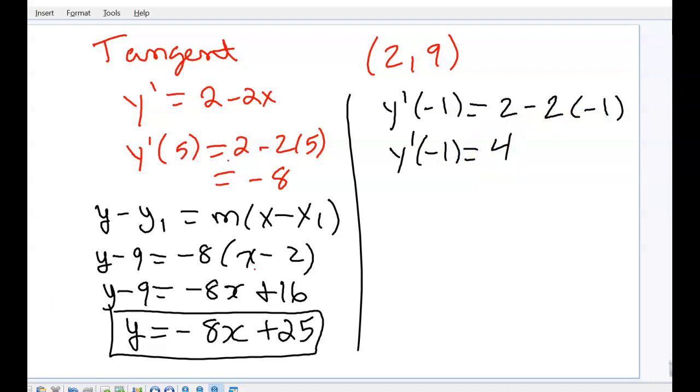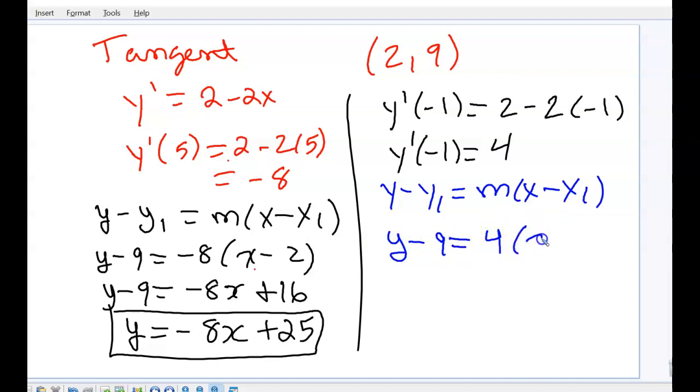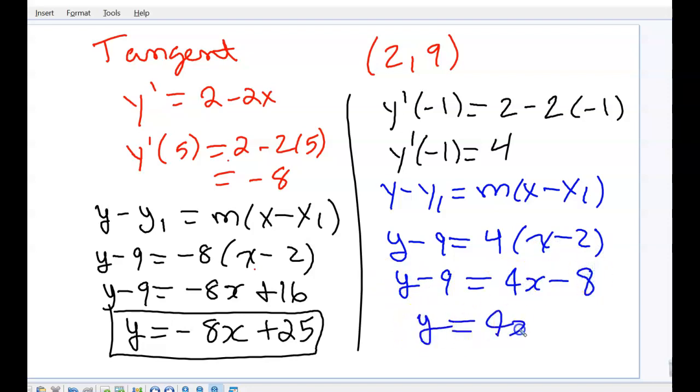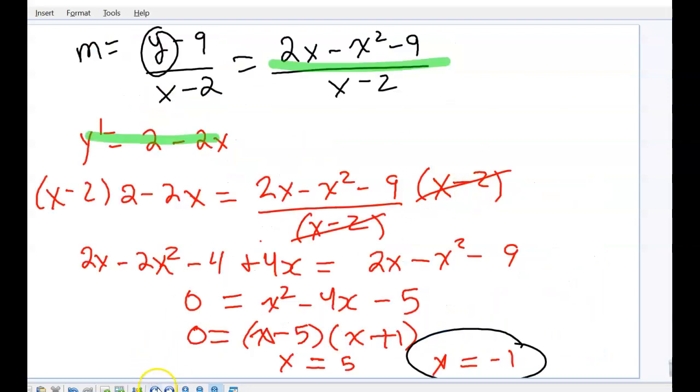So again, I'm going to use the point-slope formula. It's going to be y minus 9 equals 4 times (x minus 2). So y minus 9 is 4x minus 8. y is going to be 4x plus 1. So those are going to be the two equations of my tangent lines to my function y equals 2x minus x squared.